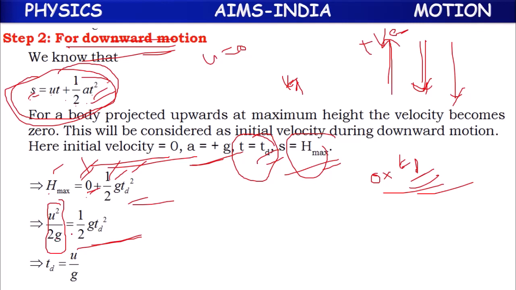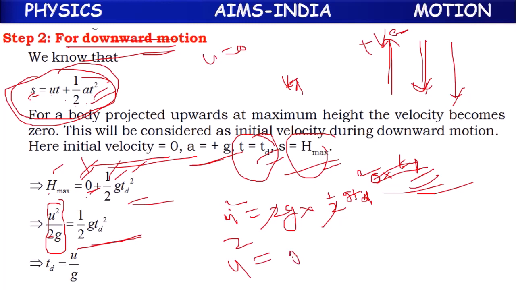If 2g comes to this side, we can write u square equals 2g into half g td square. 2 cancels, g into g, g square. u square equals g square td square.